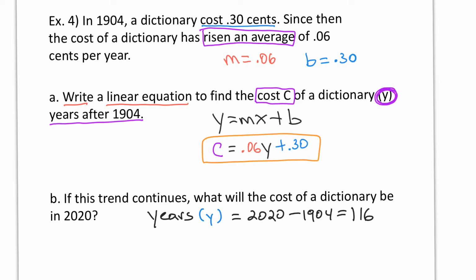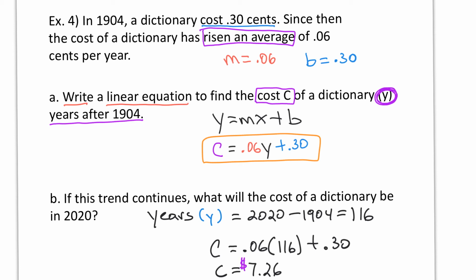So from 1904 to 2020 is 116. So now you guys substitute that number into the Y. So I'm going to put my C equals 0.06 times 116 years. That's how many years have passed. Plus your initial cost, which is 30 cents. You guys simplify, and the answer is 7.26, and that is money. So I'm going to say $7.26.